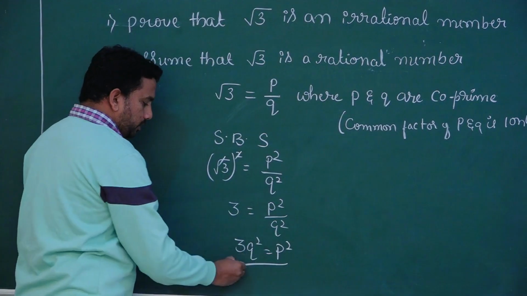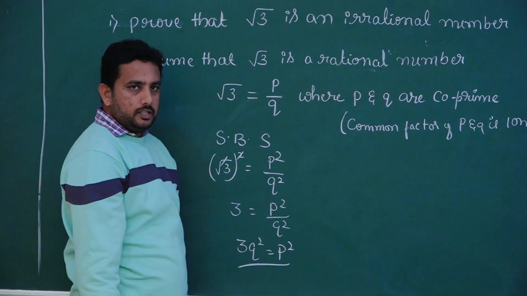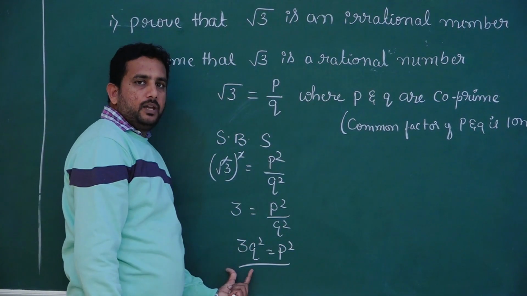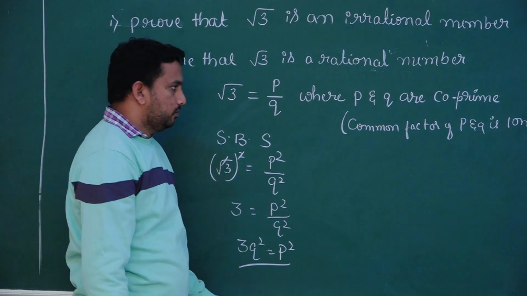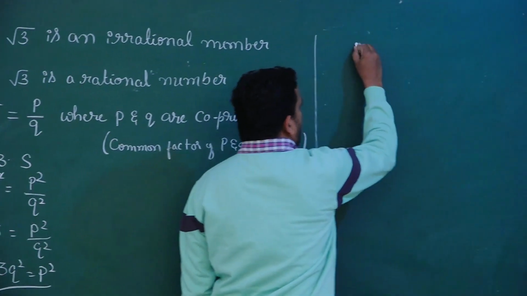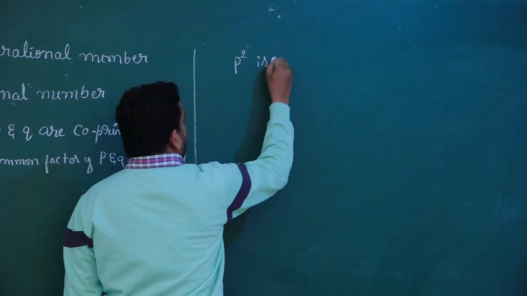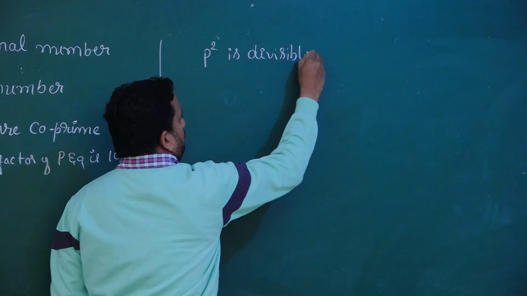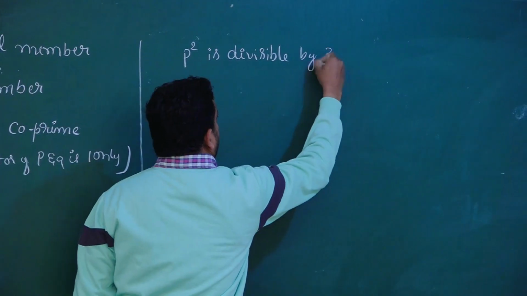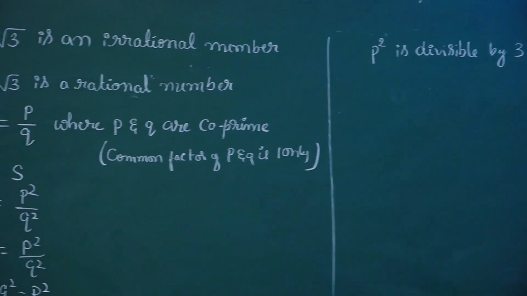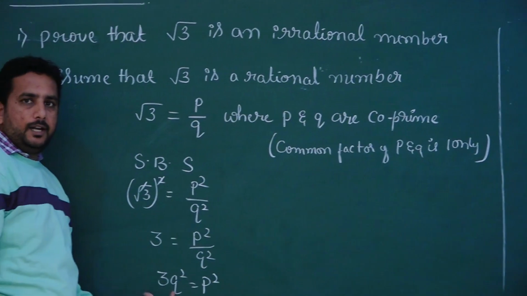This line states that p square is a multiple of 3. Therefore p square is divisible by 3. This statement says p square is equal to 3q square, so 3q square is a multiple of 3.